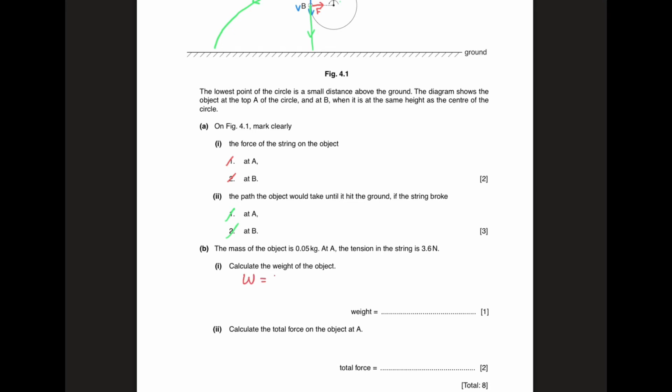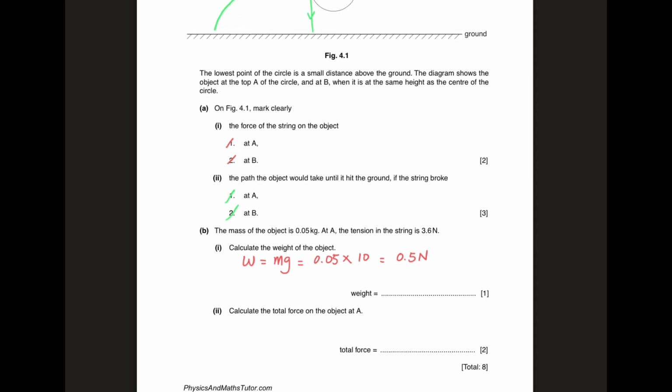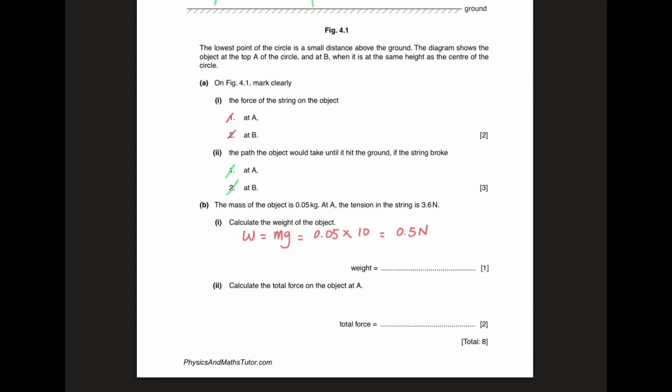You have to use the formula weight equal to mg. The m is 0.05, the g is 10, so you get 0.5 Newton. So that's the weight, 0.5 Newton.